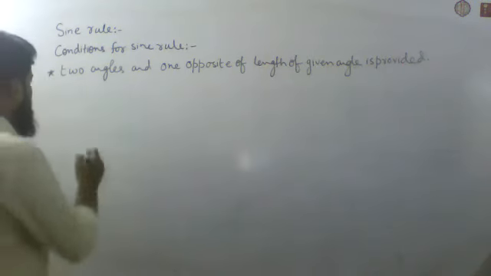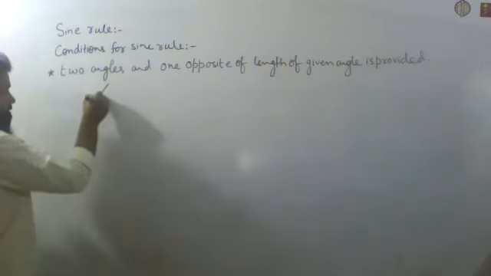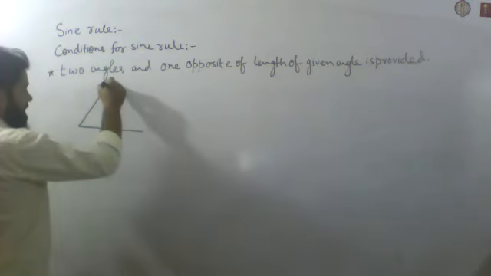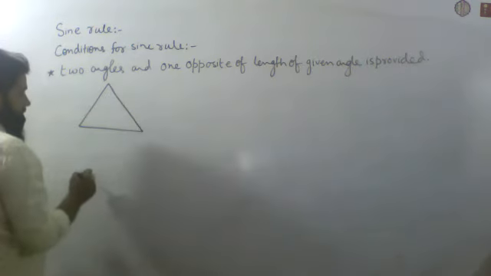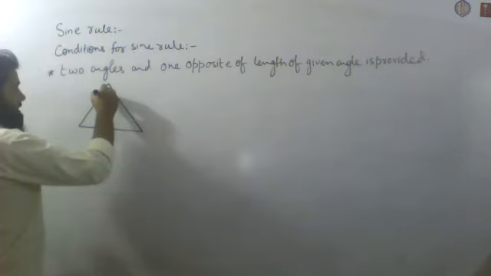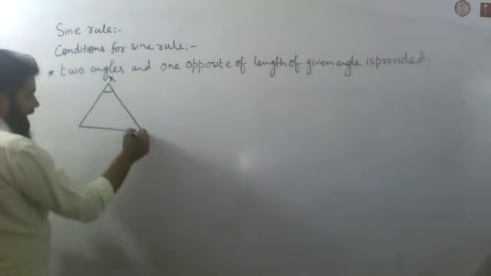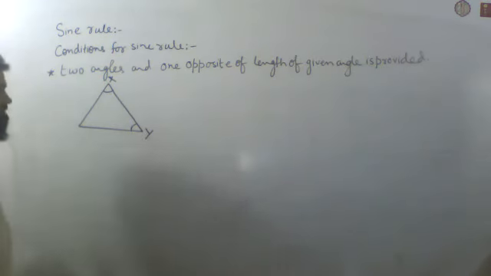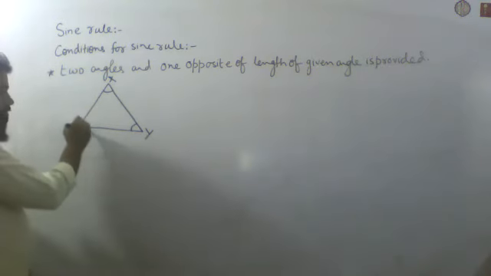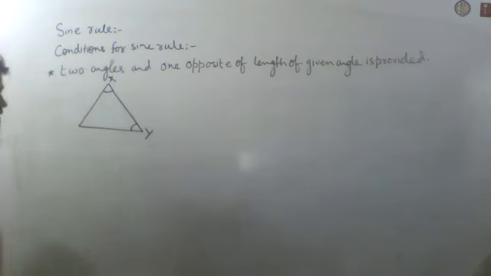How? For instance, this is a triangle. 2 angles are given. Angle X is given and angle Y is given. This angle is not given. I don't know which angle is there, so I'm not writing anything over here.